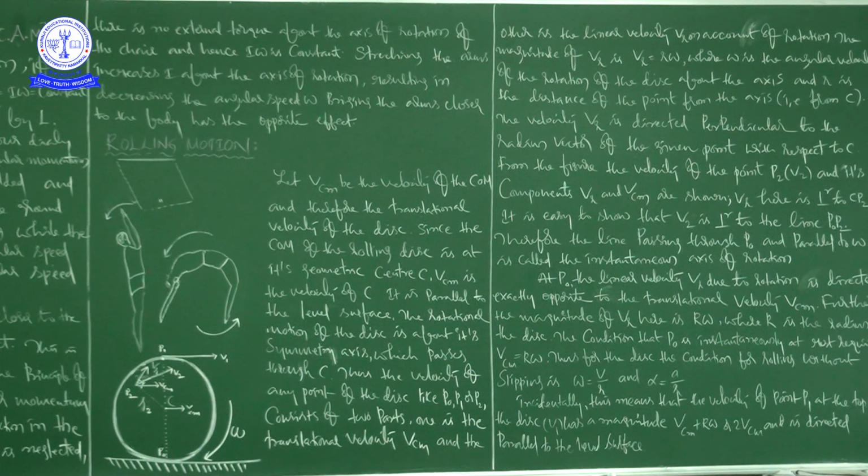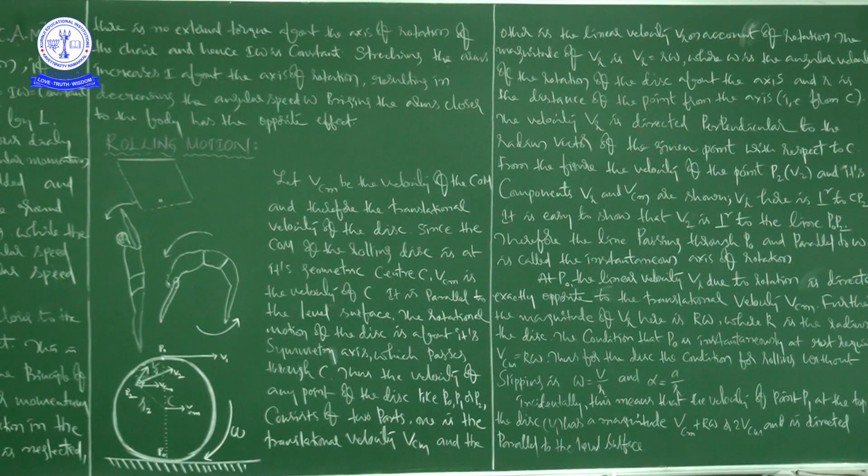Thus, for the disc, the condition for rolling without slipping, you can also write omega equals V by R and alpha equals A by R. When V is equal to R omega, A is equal to R alpha, which relates translational and angular motion.